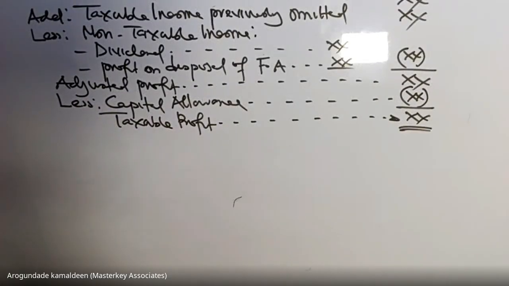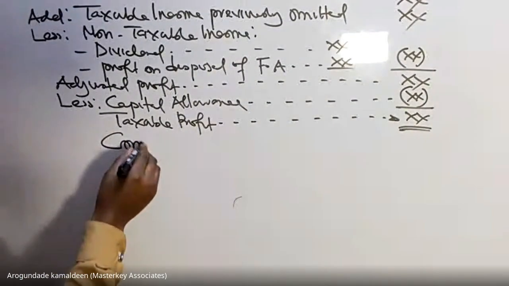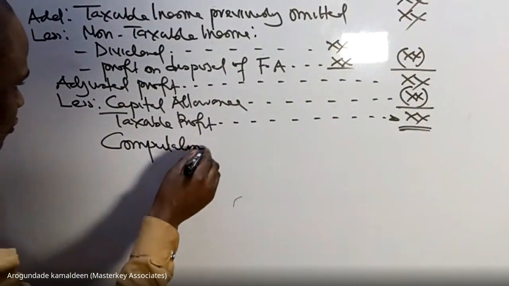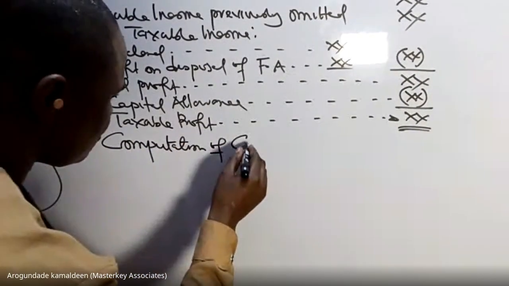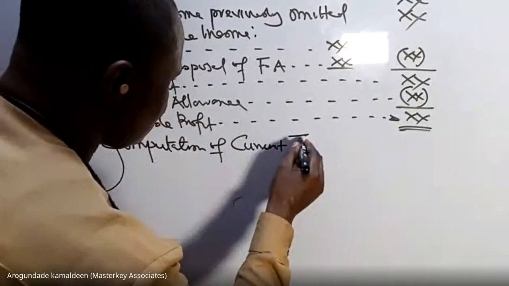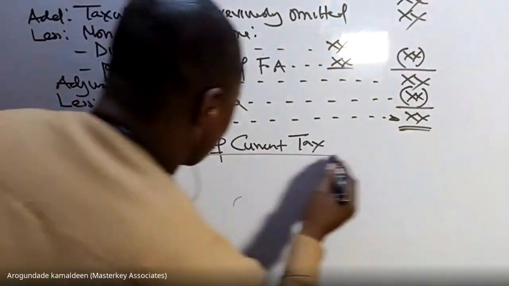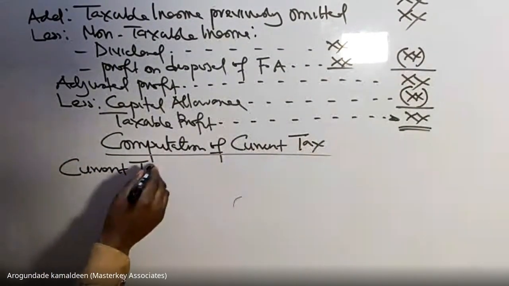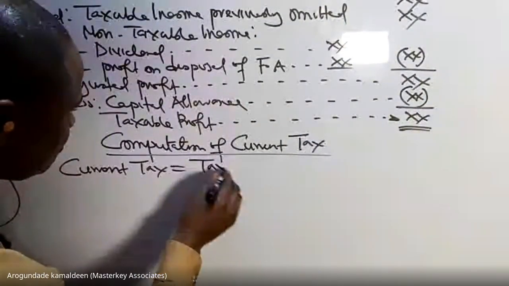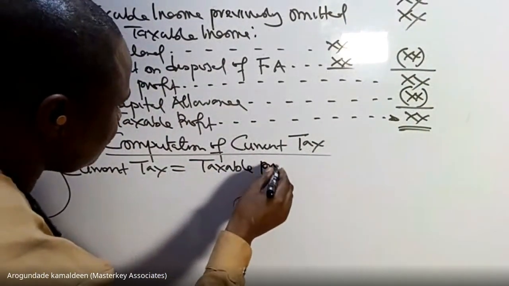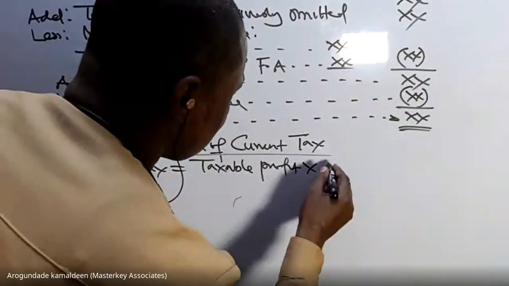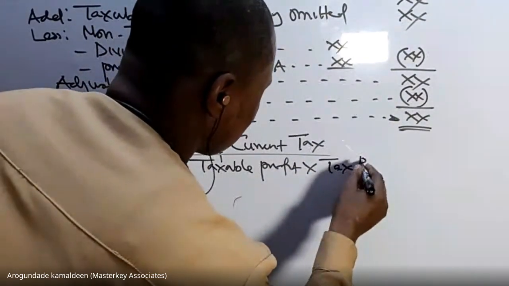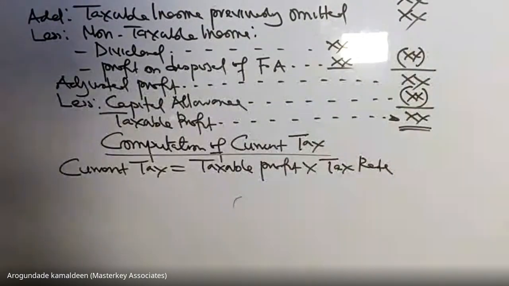So computation of the current tax: your current tax equals the taxable profit times the tax rate.